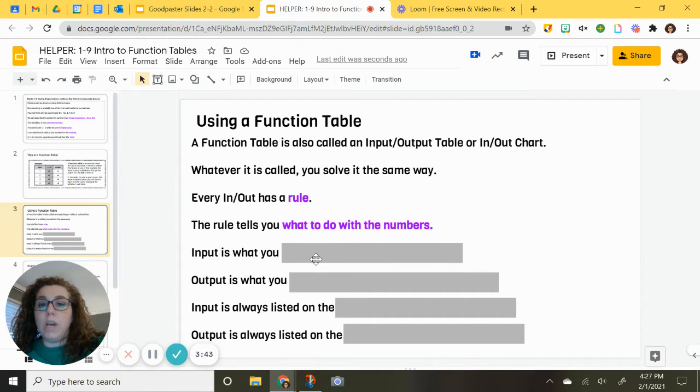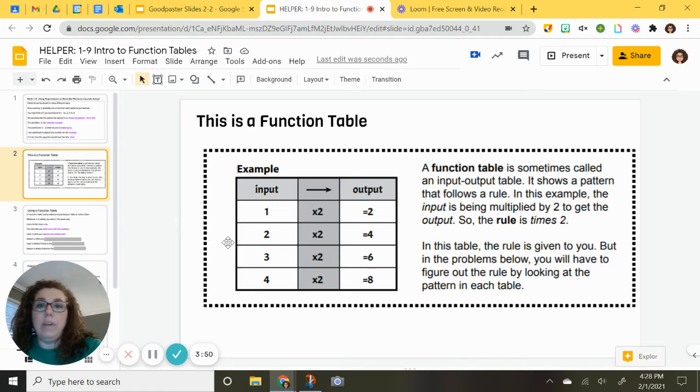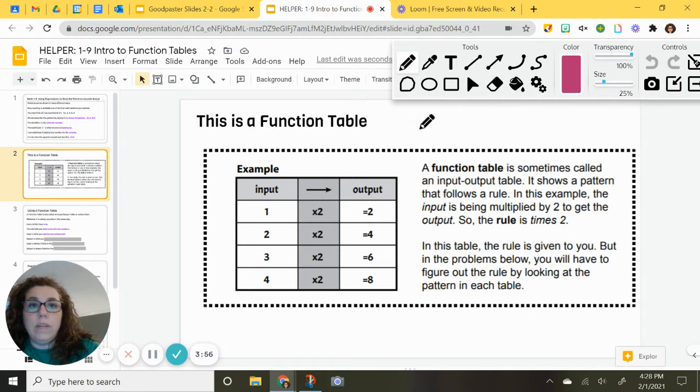The input is what you replace the variable with. So let's look back. Here, my rule is 2x. I am going to replace my x with 1. Then in the next problem, I'm going to replace the x with a 2, and then a 3, and then a 4.